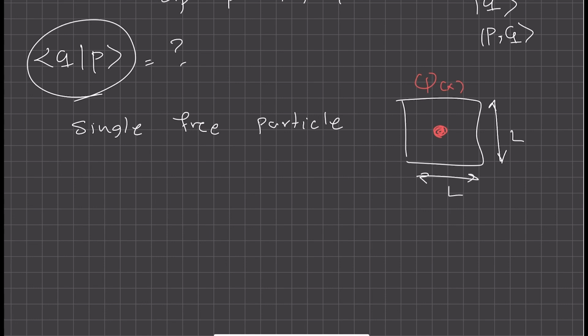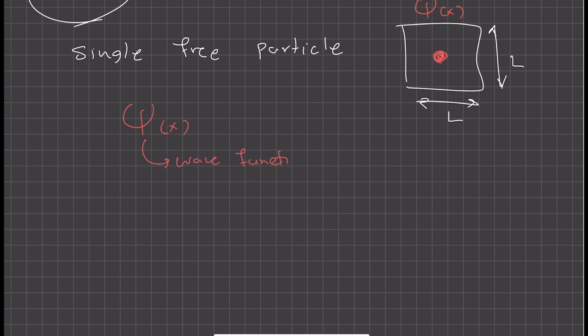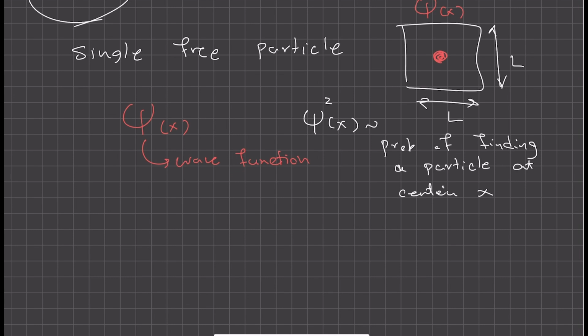Psi is the wave function, so psi of x is a wave function, for one single particle. And psi squared of x is proportional to the probability of finding a particle at a certain x.